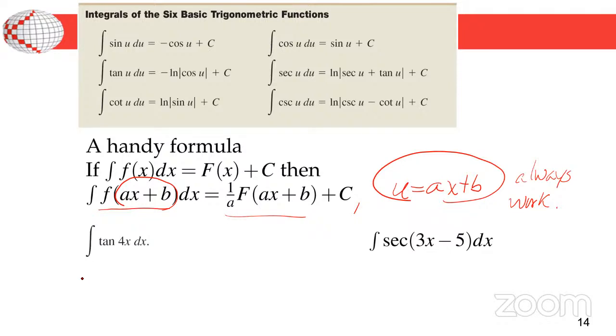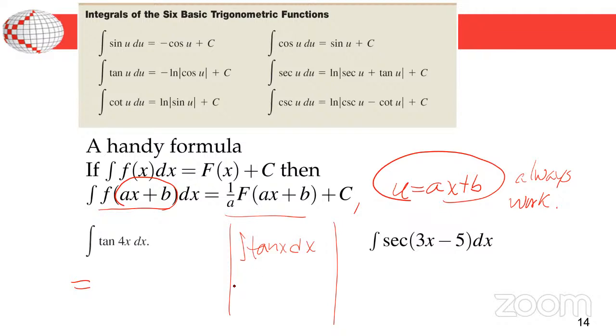So for example, if you integrate tangent 4x, what do we get? Well, you might want to recall the integral of tangent x. We already learned this formula, even though I do not expect everyone to remember it yet.